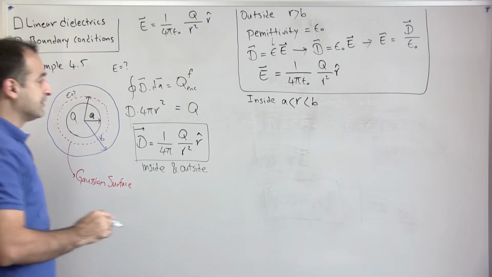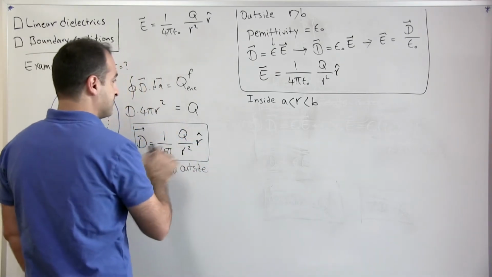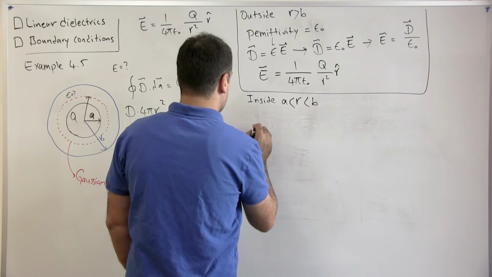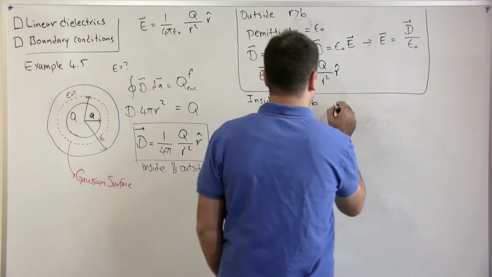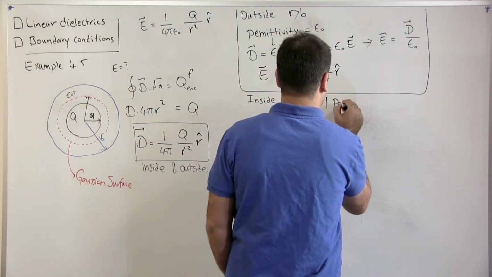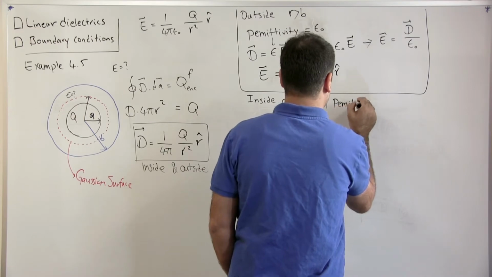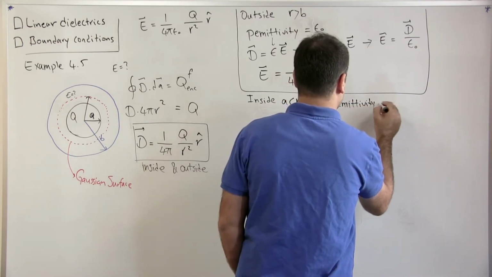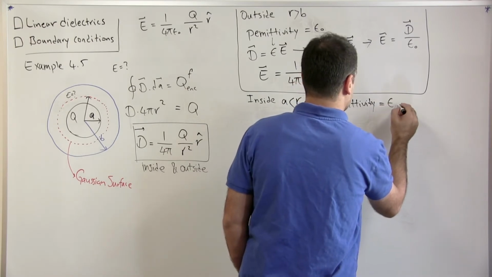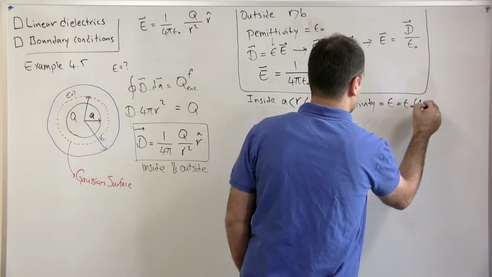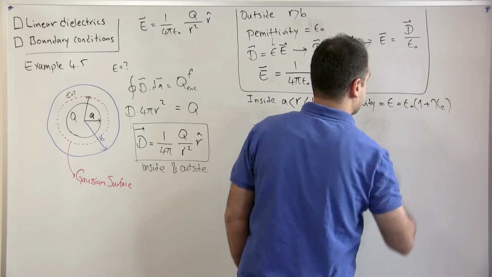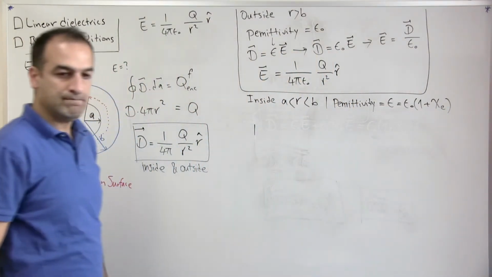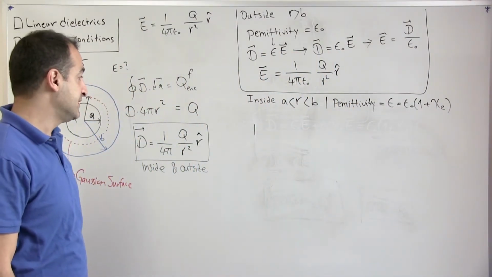Here we already have D in terms of R, but then we know that the electric permittivity is epsilon, which is epsilon 0 times 1 plus chi E. That's the permittivity we have.